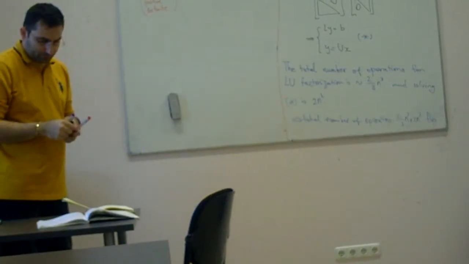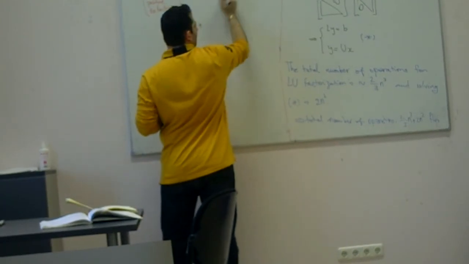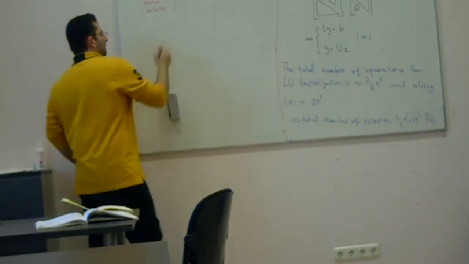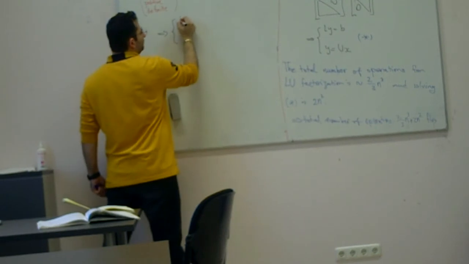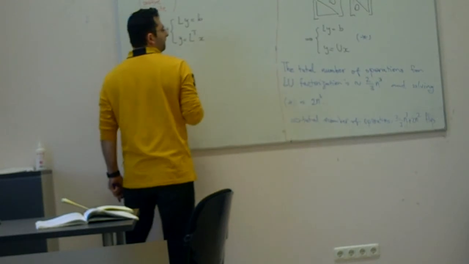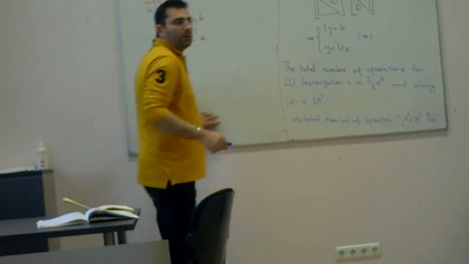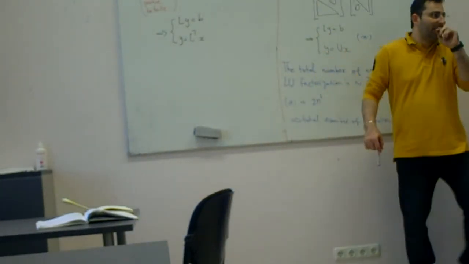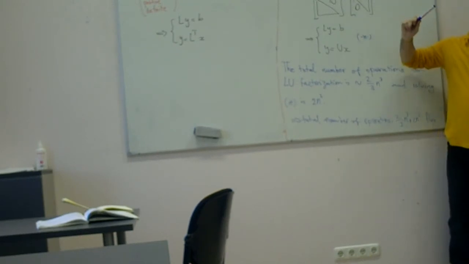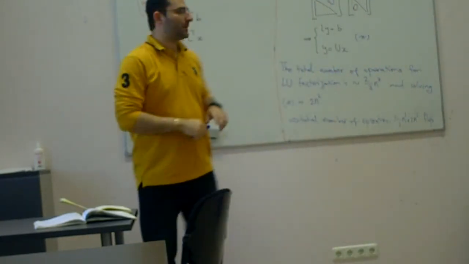But then, it means that I can write Ly = B, and then say that L transpose x = y. So I have two sets of equations. Now, look, in LU decomposition, I have to calculate L and U. But in here, I have to calculate only L because the other one is L transpose.